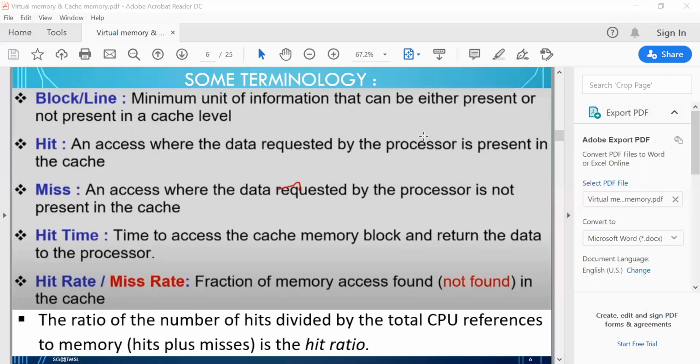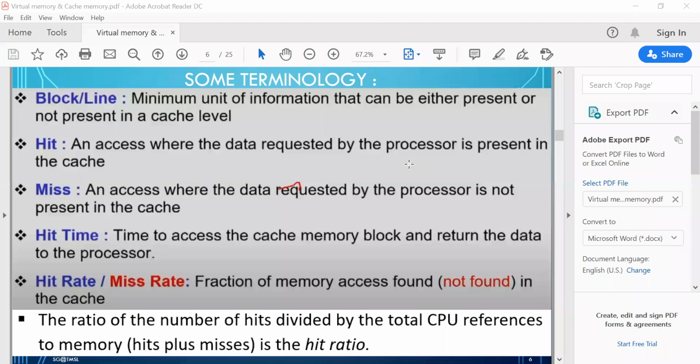If it is not present inside this cache, if the word is not found in cache, then the CPU refers to the main memory for the desired word, and it is referred to as a miss to cache. Okay, so hit and miss is there. If it is found inside cache, it is called hit. If it is not found and the processor needs to go to the main memory to search for it, it is called a miss.